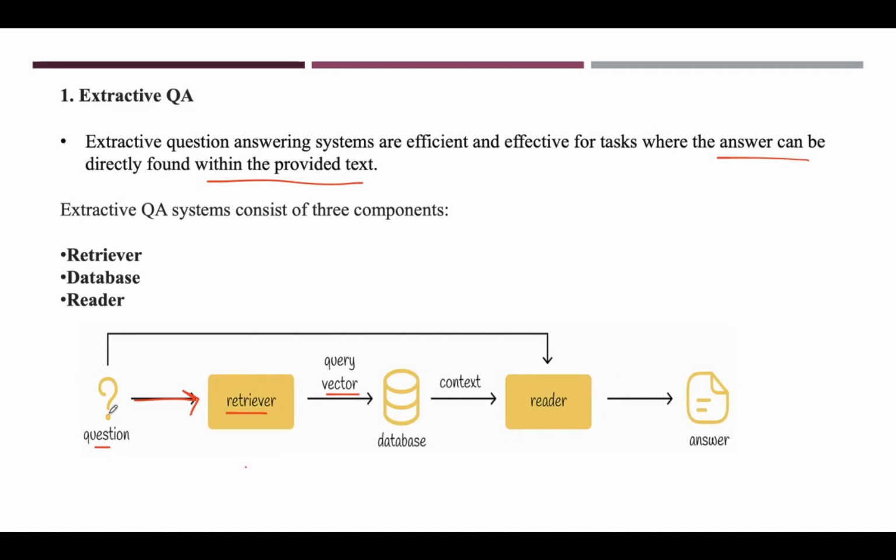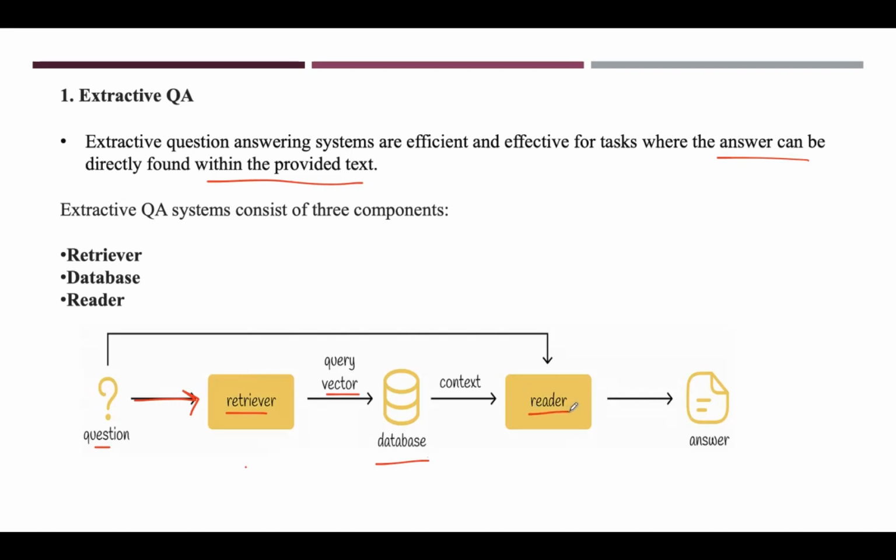These embeddings are stored in the database, which can provide effective search. By retrieving the k most similar database vectors to the query vector, their original text representations are used to find the answer by another component called the reader.